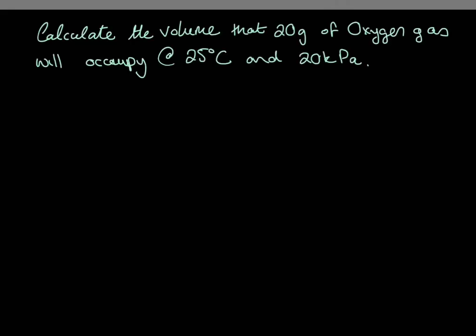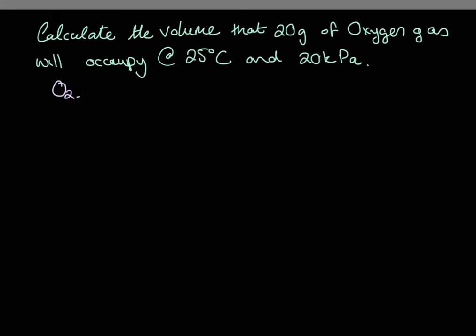So I'm going to write in the first question here. Okay, so here's a question. Calculate the volume that 20 grams of oxygen gas will occupy at 25 degrees Celsius and 20 kilopascals. So oxygen gas, it is O2. Okay, so you'll need to know that oxygen gas is O2.